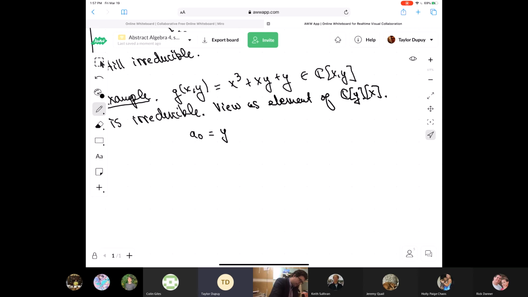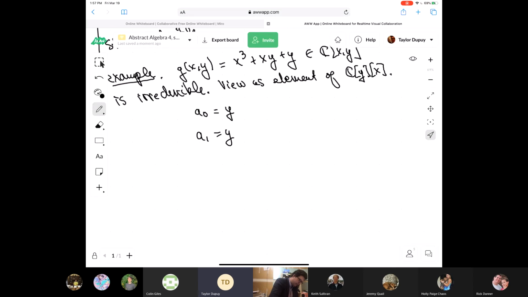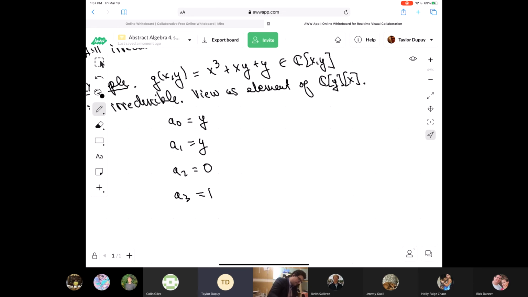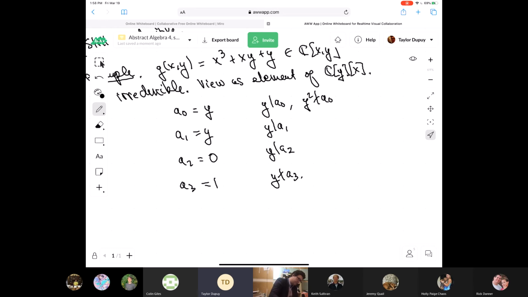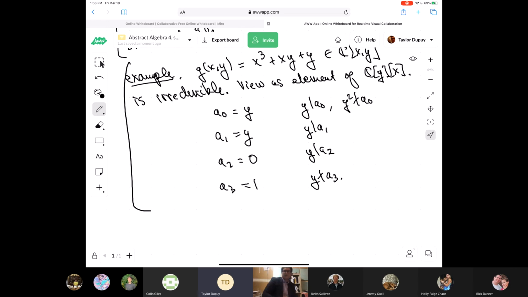So A0 is y, A1 is y, and A2 is 0, and A3 is 1. So y divides A0, and y squared does not divide A0. y divides A1, y divides A2, and y does not divide A3. So we check this one again. All right, so that's all I really have to say about irreducibility.